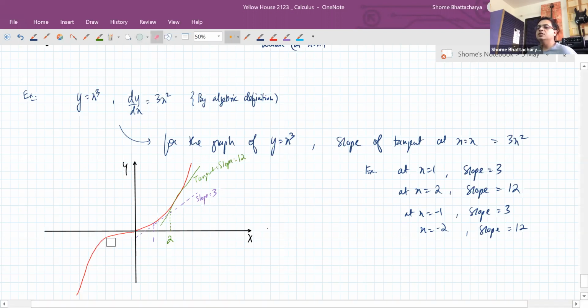You can see the slope is increasing rapidly. But similarly, if I go on the negative side, and if I draw the graph a little more carefully, you'll be able to see the symmetry.